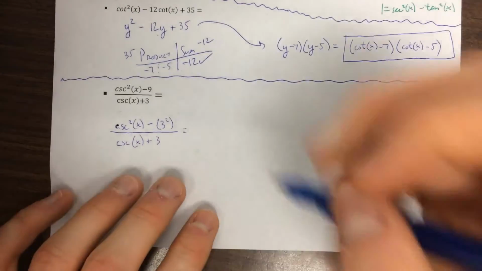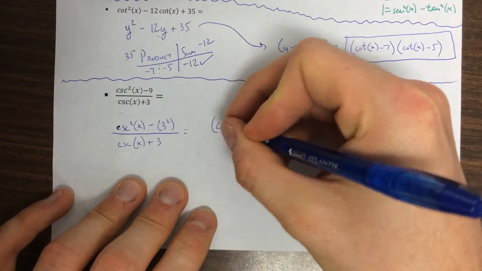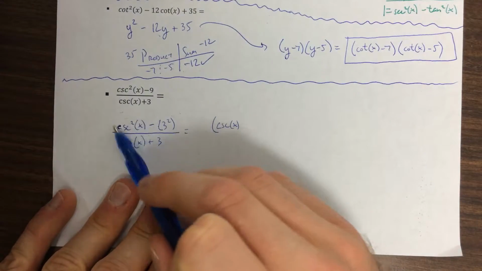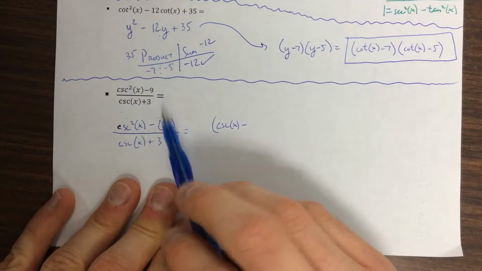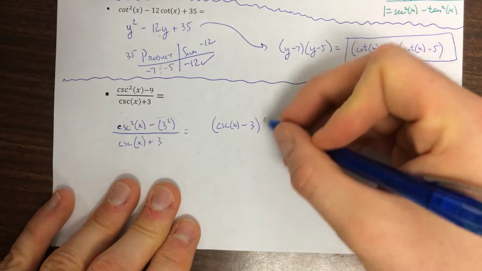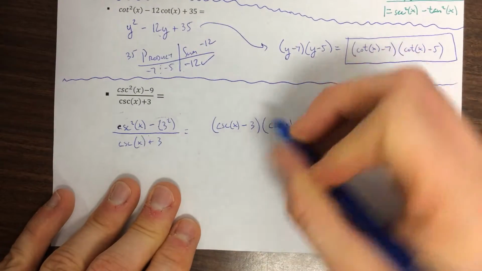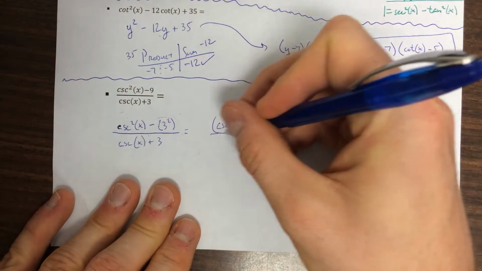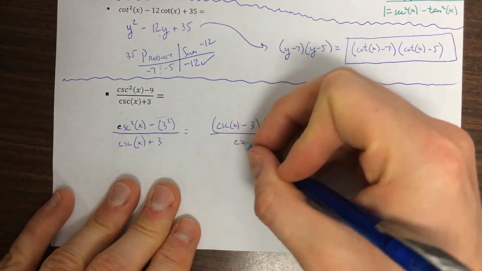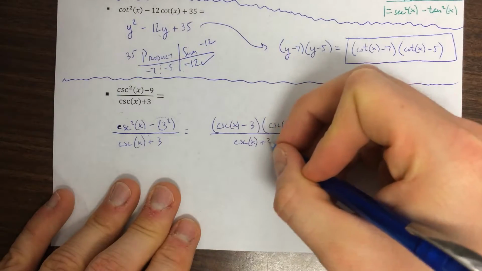So we can write this as cosecant of x minus 3 times cosecant of x plus 3, all over cosecant of x plus 3.